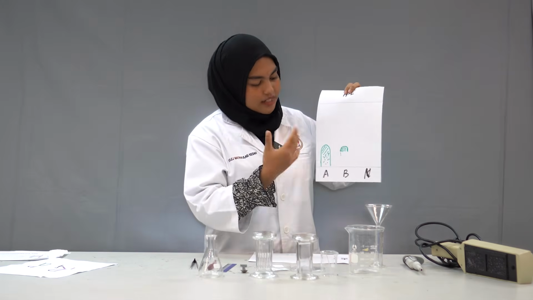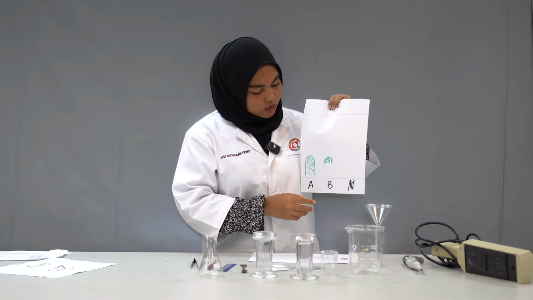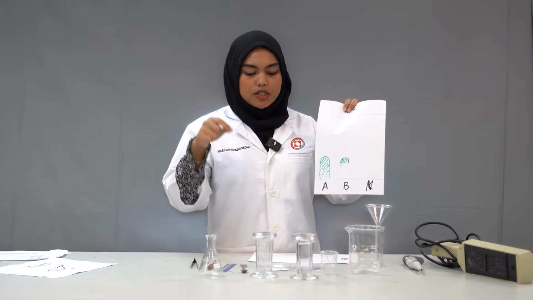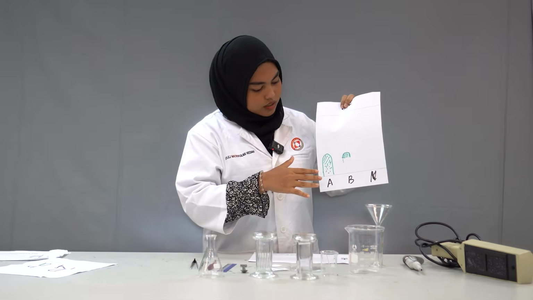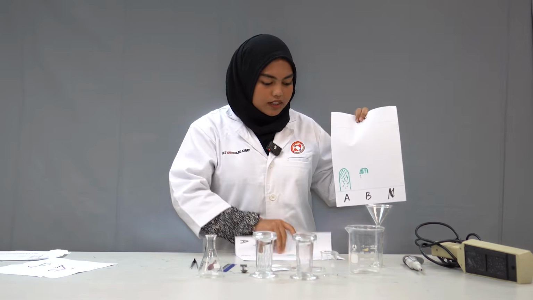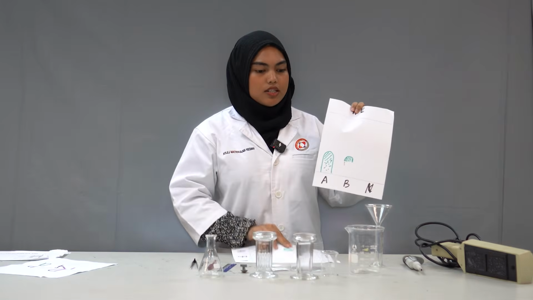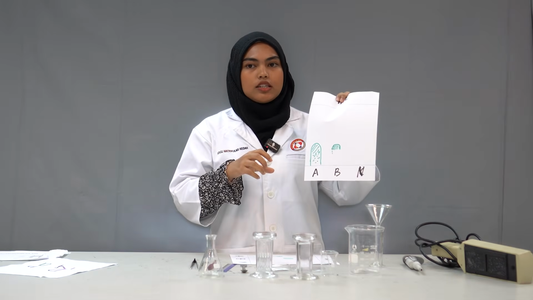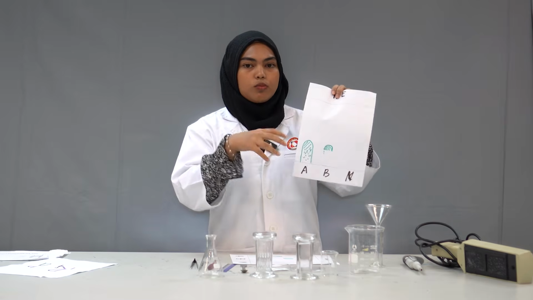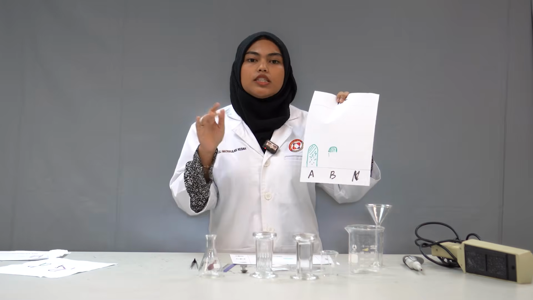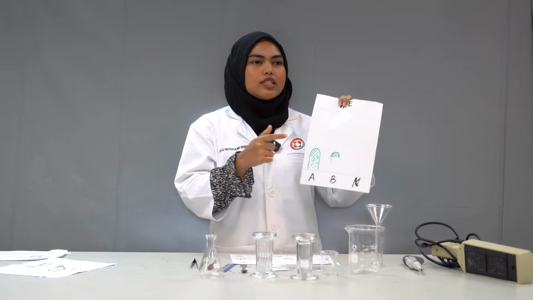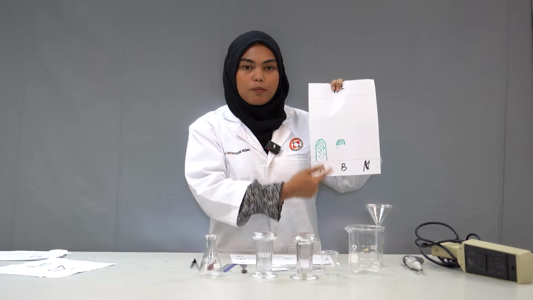So as we can see in our result, when we immerse the TLC plate in the solvent, the acid and base move slower, because the non-polar mixture will not interact with the silica gel, so the silica gel will interact with the compound.